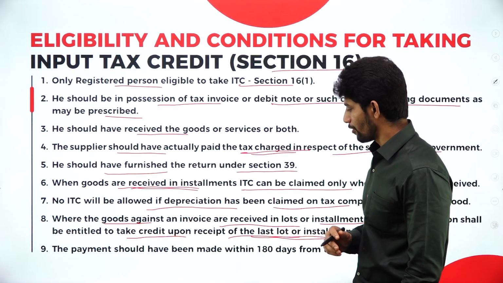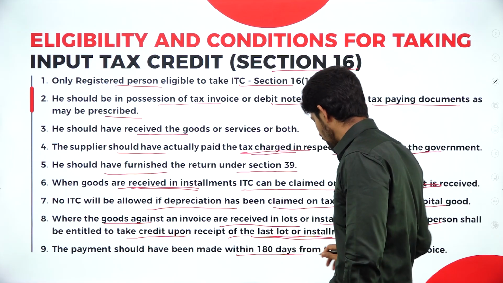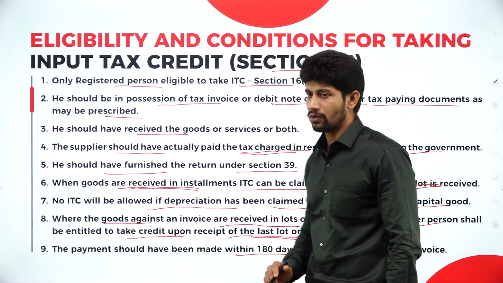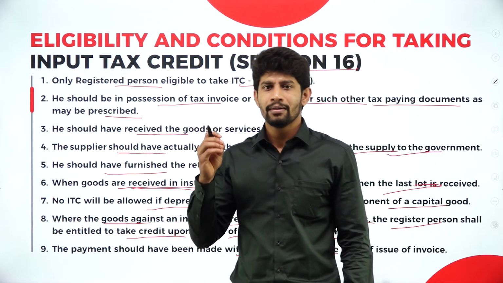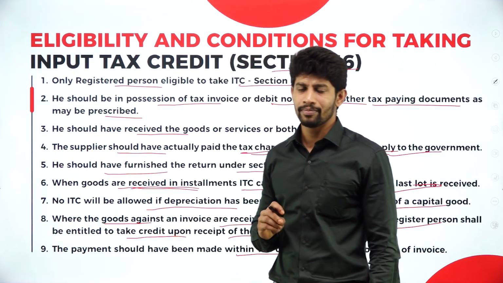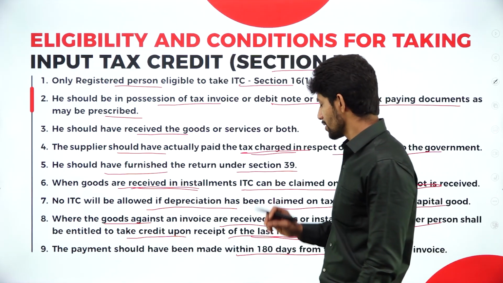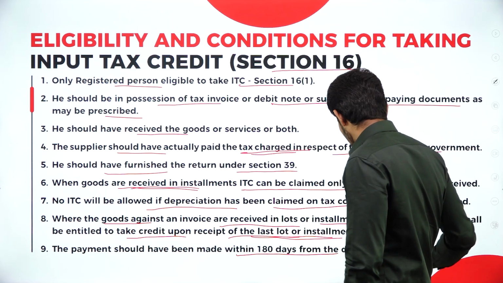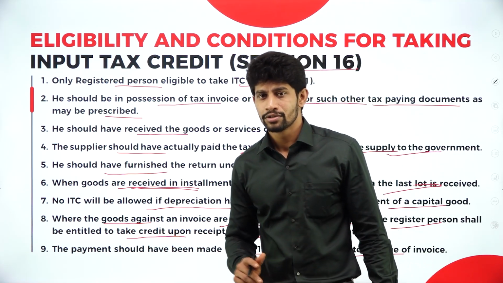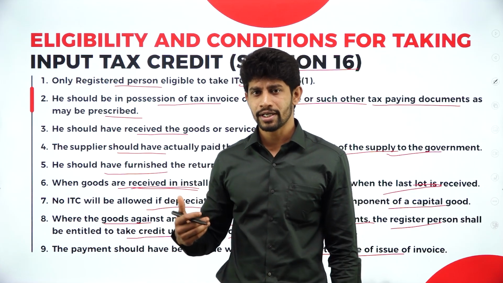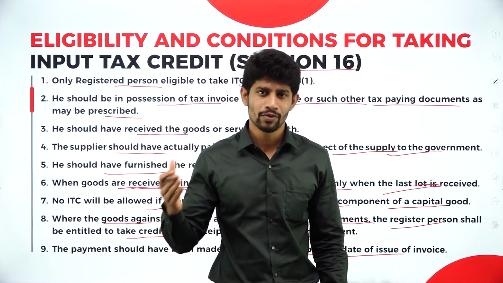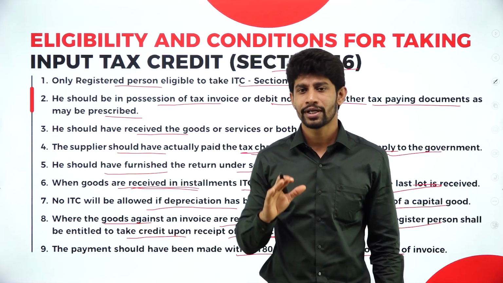Next, the payment should have been made within 180 days from the date of issue of invoice. So the person should make the payment within 180 days from the date of issue of invoice. If you have paid within 180 days of the date of issue of invoice, then you are eligible to claim ITC, that is input tax credit.